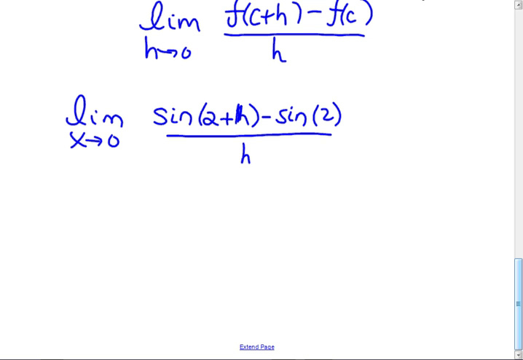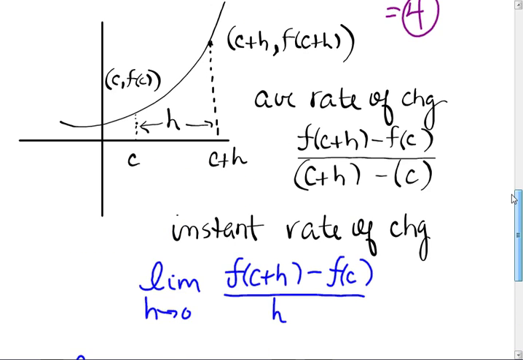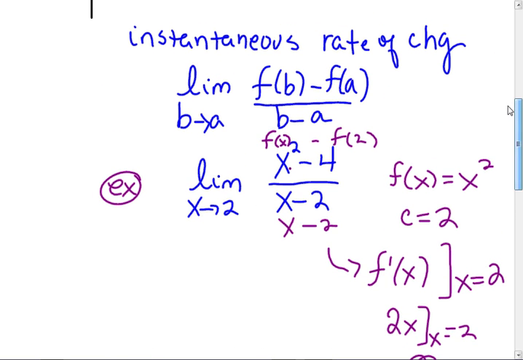The other form is just f of b minus f of a, or f of x minus f of c, all over x minus c. Same thing.